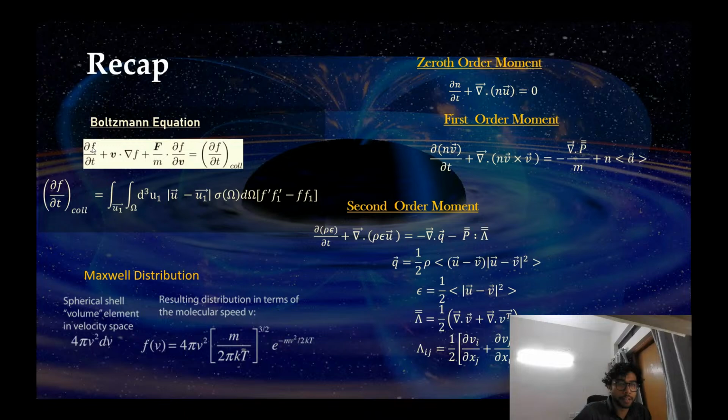So f is the probability density in the phase space of a particle. Basically, it is a function of position, velocity, and time. And this is the equation which describes how the probability density of particles will evolve in time.